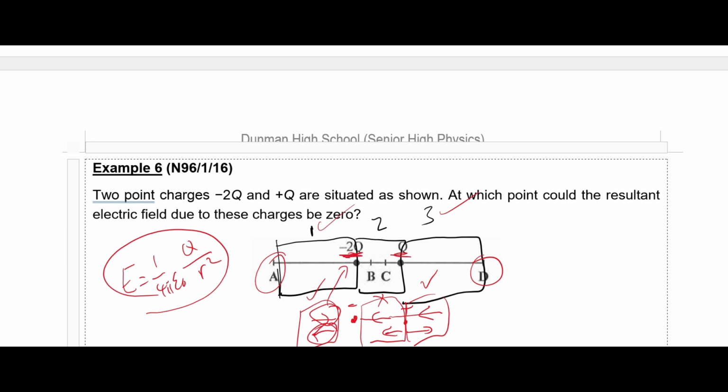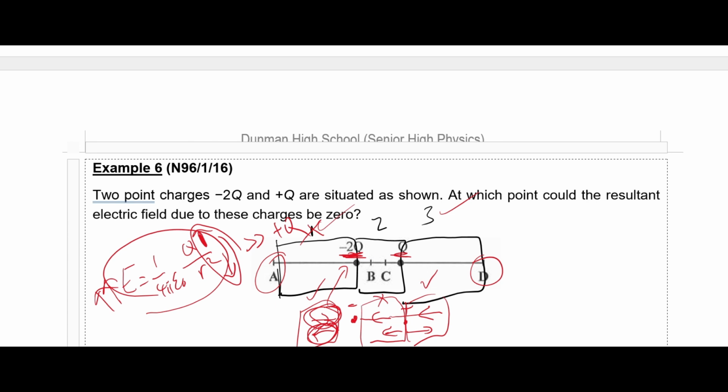Because number 1, the charge is bigger, it's twice the charge of plus q, and the distance from the charge is smaller. The combination of these 2 factors means that the electric field due to the -2q charge will forever be greater than that of the plus q charge. Therefore, this vector over here will always be bigger than this, and so region 1 is not correct from a magnitude standpoint.